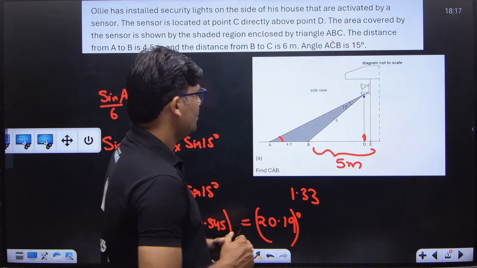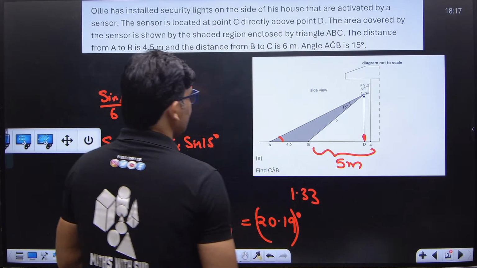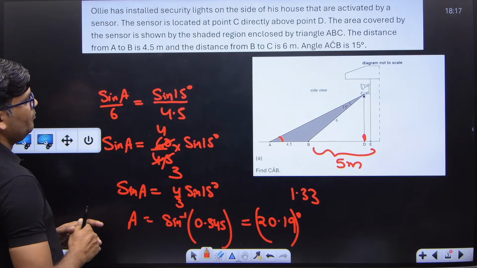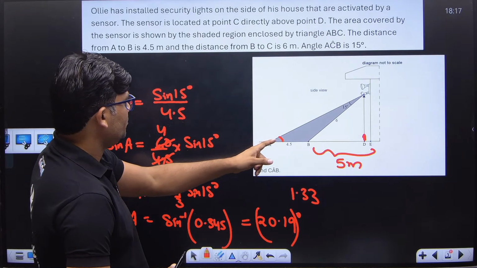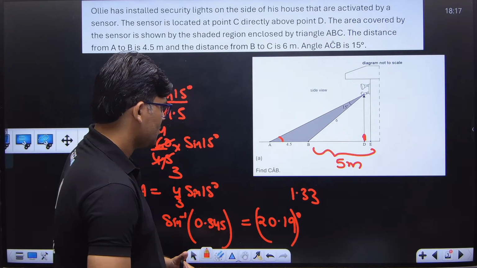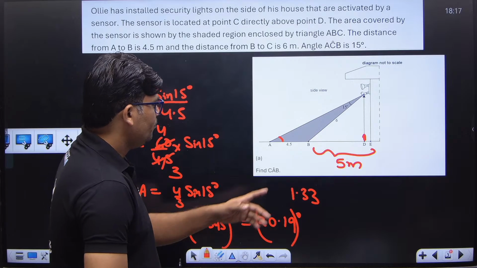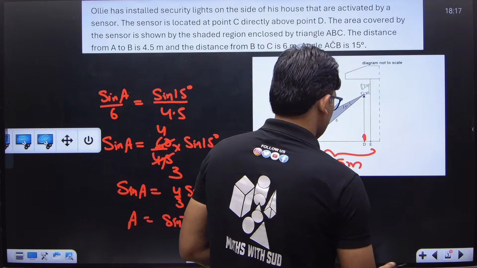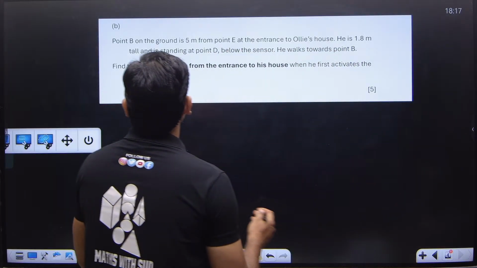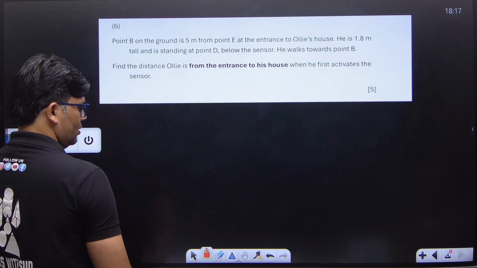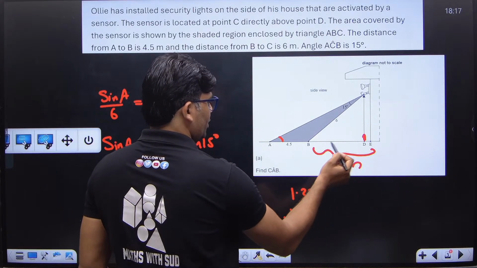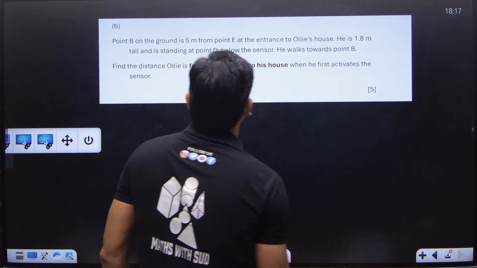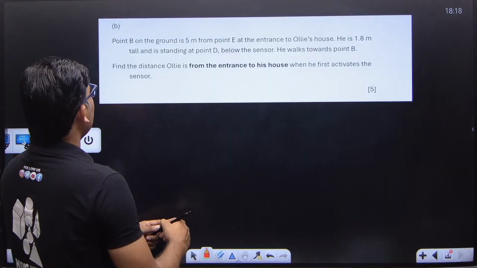But what is given to us is B to C, which was given as 6. B to E is given as, was E given to us? Let us see. Point B on the ground is 5 meters from point E. So this distance is 5 meters. He is 1.8 meter tall and standing at point D below the sensor.